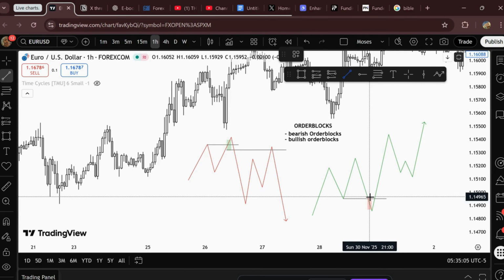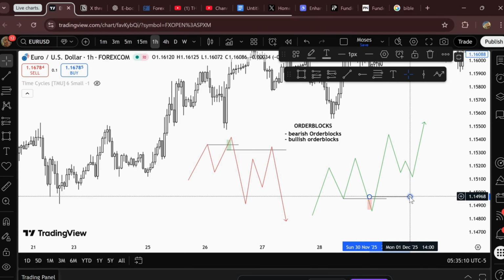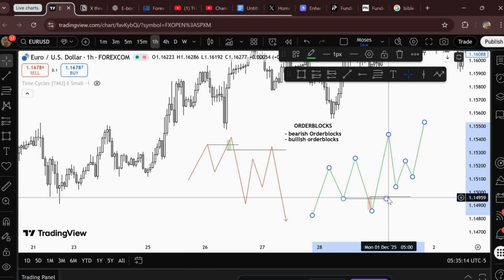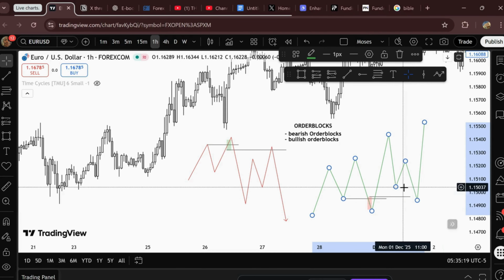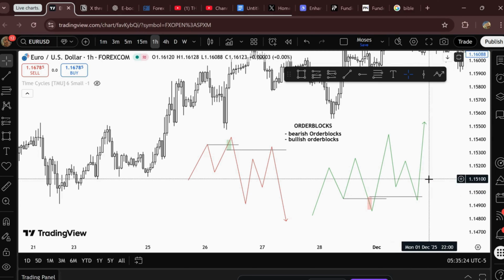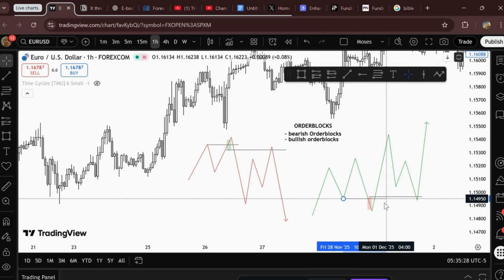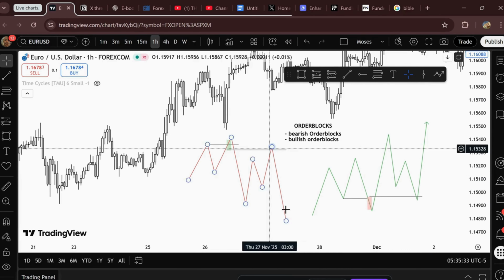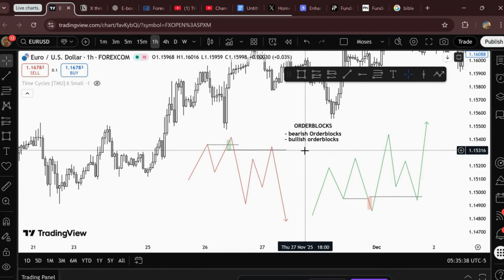And what does price do? The algorithm in the market will always refer to this point. Price comes, retrieves the orders that were lying in these blocks, and then continues to push price upward. That is a pictorial view of what a bullish and a bearish order block is all about.